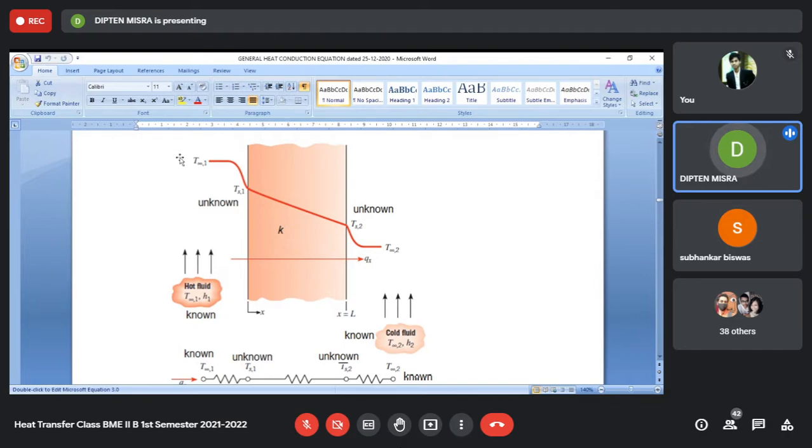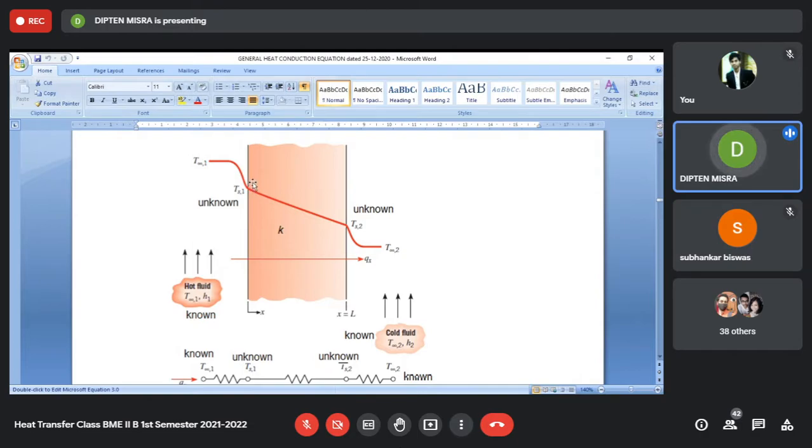First of all, we have assumed that this is a hot fluid and this is a cold fluid. The heat will try to escape from the hot body towards the cold body. So heat has to flow in this direction, from the hot fluid to the wall, and if the wall is colder, then only will it be able to approach the wall.